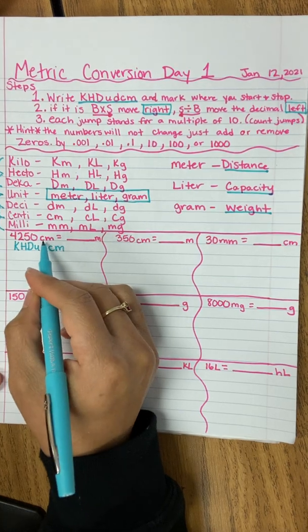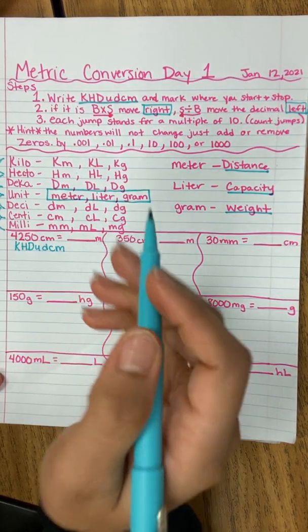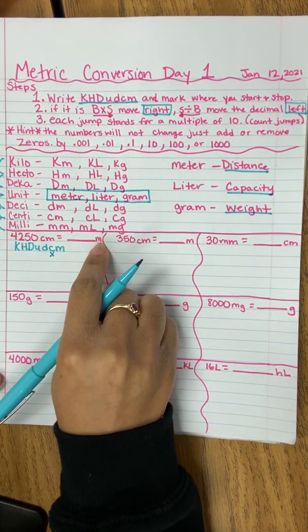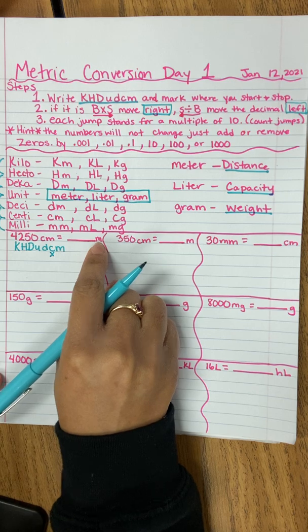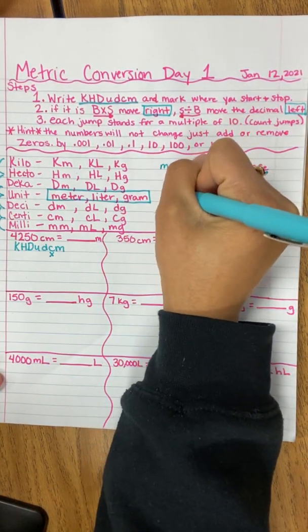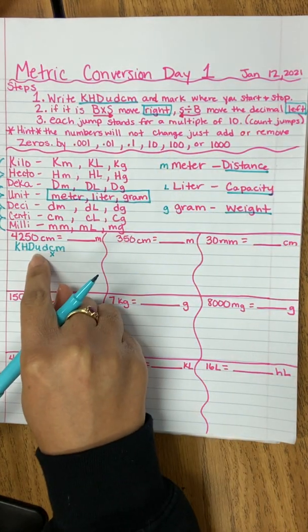Now, it says centimeter to meter. Centimeter is here. Meter, anything that stands alone, like meter, liter, and gram, which is one letter, falls under unit.